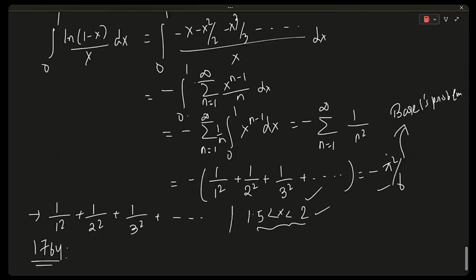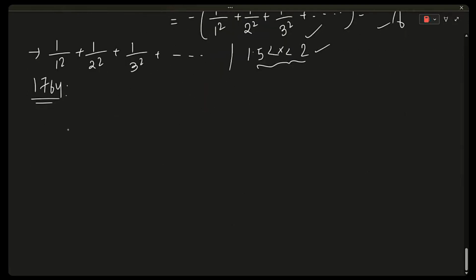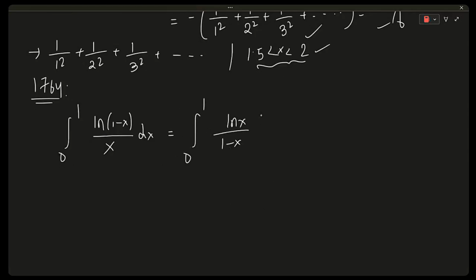If you do not know the value, there is one other way you can use the series expansion, but in a more familiar way. If you do not know the expansion of log of 1 minus x, you can use the King's property and write it as the integral of ln of x by 1 minus x dx.